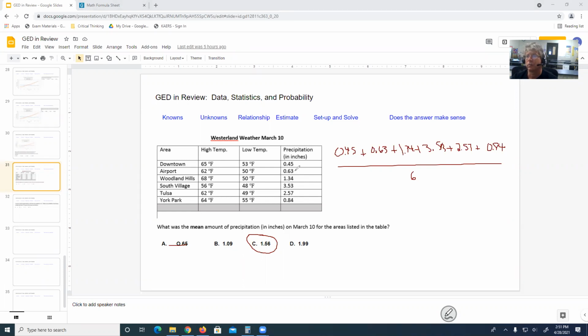And 0.63 is not really the middle value. So 1.56 tends to be more of where the middle is. To find the mean, you add all the numbers together and divide by 6 to get what we call the central tendency, what the numbers tend to be overall on average. That's the word we a lot of times use for mean: average.